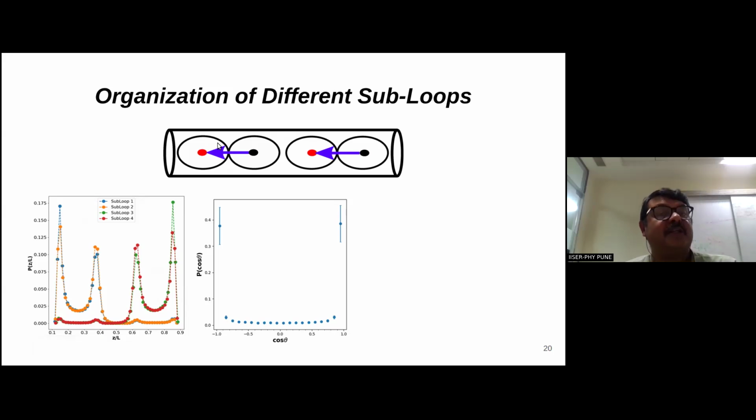Normally a polymer is a completely disordered object, but under confinement, because of entropic repulsion, the monomers of this sit here, the monomers of this sit here.